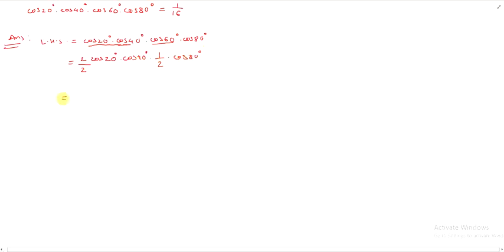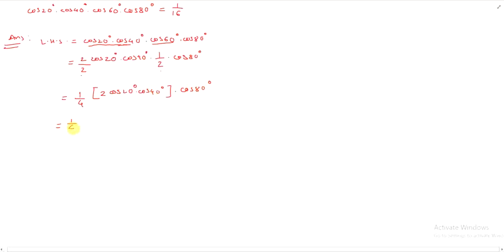Now this half and the 2, we can take the product as 1 by 4, and for this one, 2 cos 20 degree into cos 40 degree into cos 80 degree.